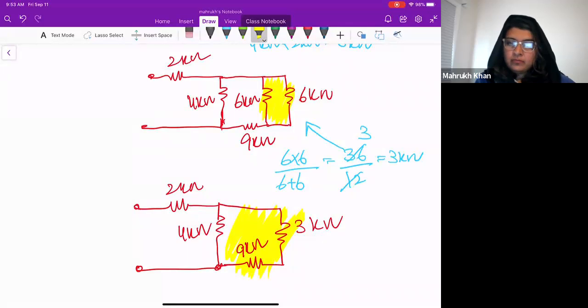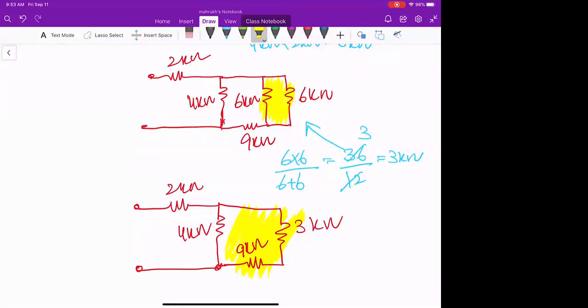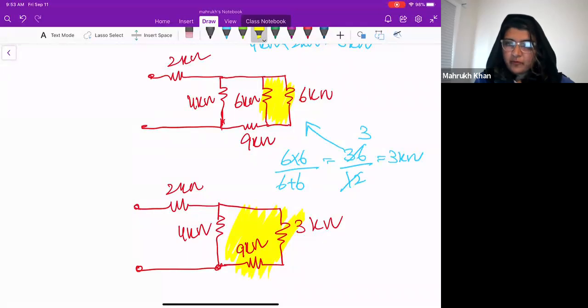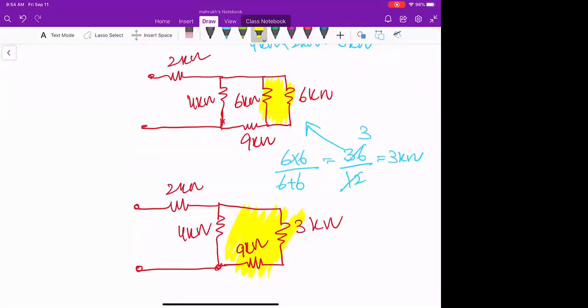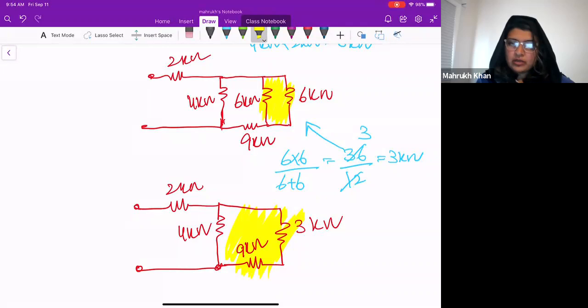Okay. Any other person who thinks that they are in series? I think they're in series. What is in series? 4 kilo ohms is in series with the 12 kilo ohms? Or 9 and 3 kilo ohms? Oh, between them, it's parallel. I thought you were talking about the highlighted part. No, I'm talking about 4 kilo ohms.